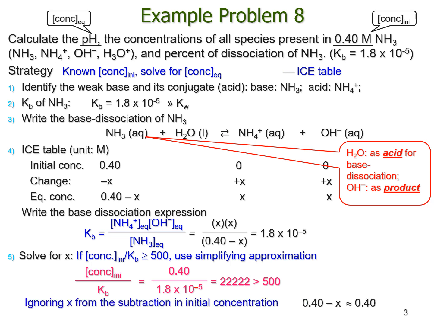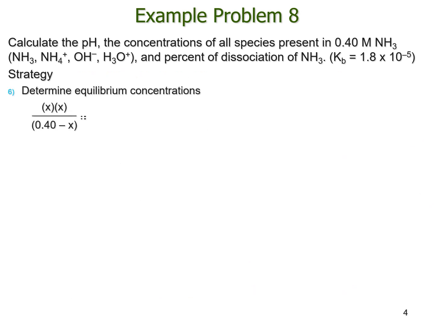That's a big relief because we can take x away. Because x is so small compared to the initial concentration, we can simply ignore it. That makes our life much easier, because without that x the calculation is a lot easier.